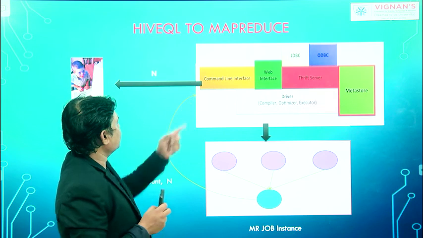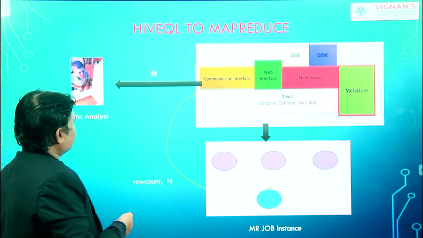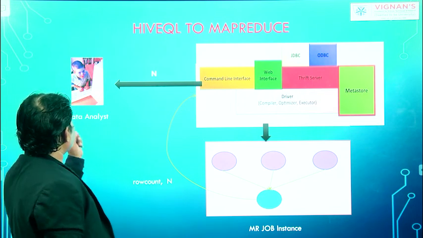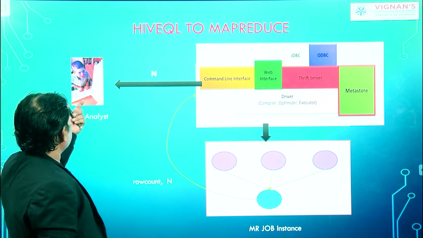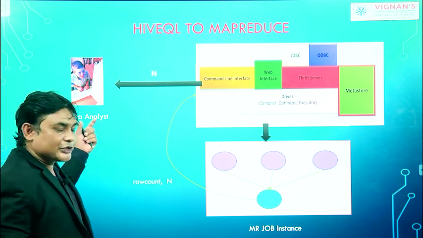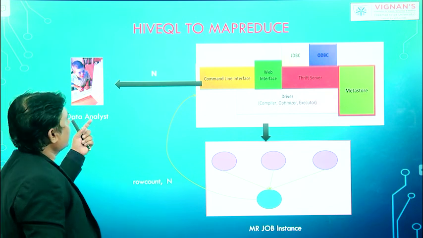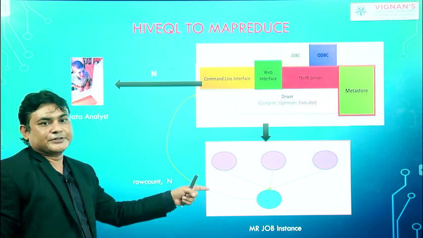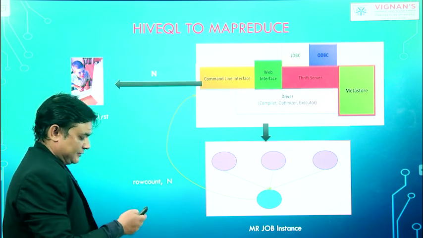The results come back to the data analyst. He knows only SQL, so he fires the queries, and those queries are converted into MapReduce programs, which fetch information from HDFS and get the result back to the analyst.